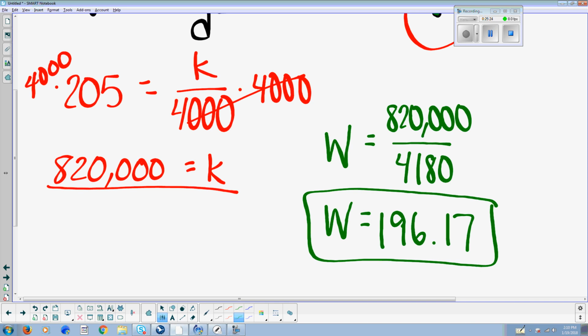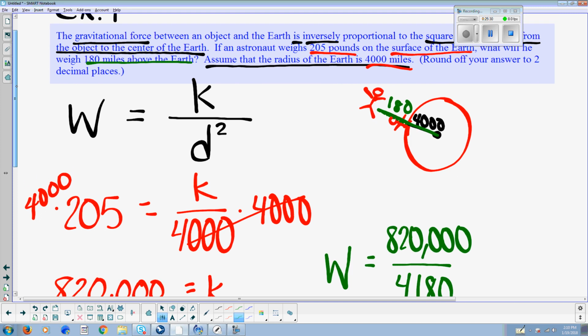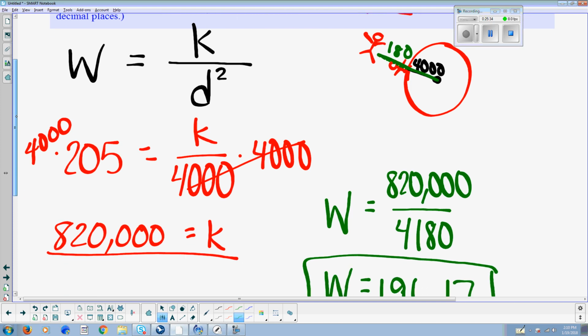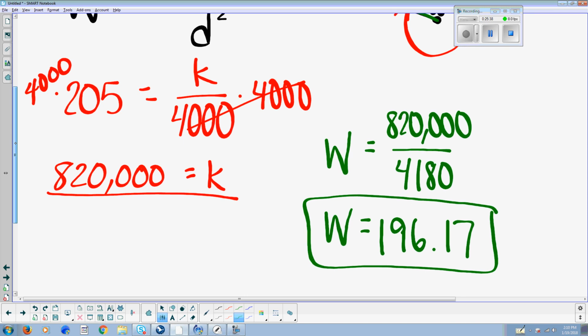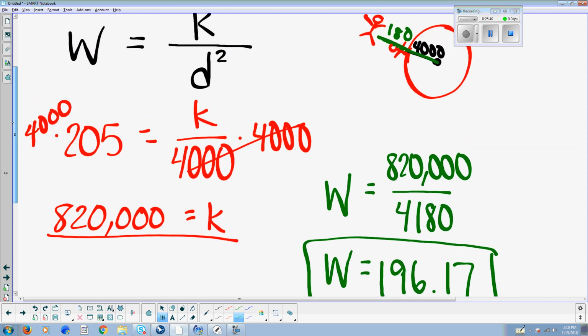So this astronaut that weighs 205 pounds, if he is 180 miles above the Earth, his weight is 196 pounds. Is that right? No, that's not right. Y'all let me do that wrong. That's completely wrong. What did Miss Moon do wrong?